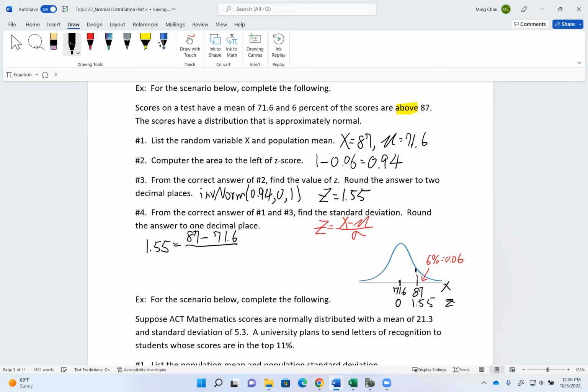Now I can solve for sigma. We will use a basic algebra technique, cross product, 1.55 over 1. Use a cross product, multiply diagonally. 1.55 times sigma is 1.55 sigma. Set it equal to 87 minus 71.6.